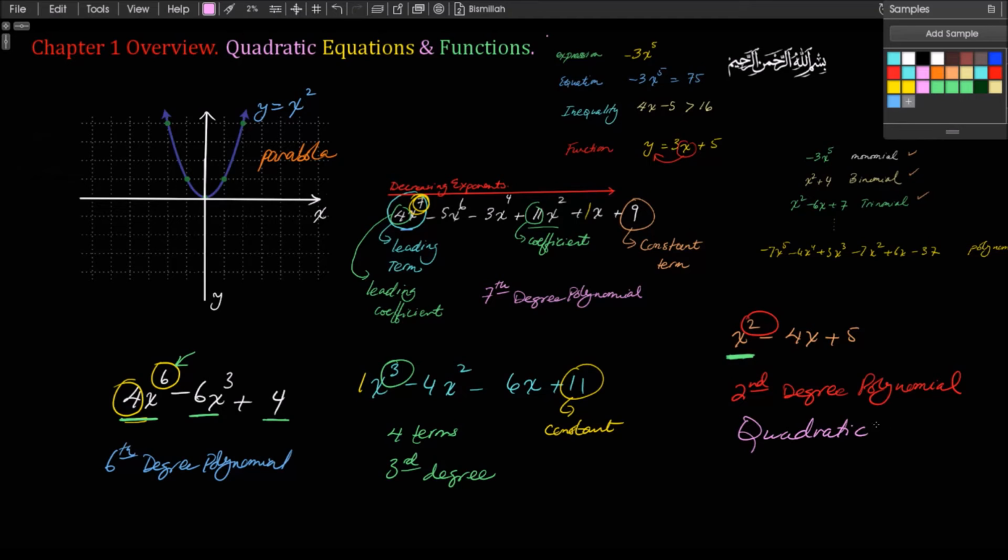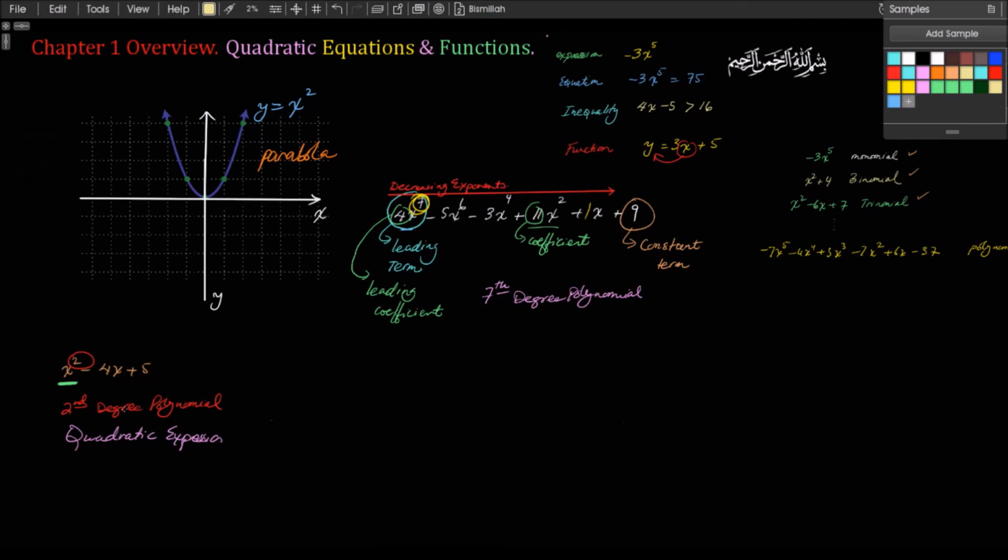This is a quadratic expression. So now you understand that a quadratic expression is simply a 2nd degree polynomial expression. So here we have a 2nd degree polynomial expression, and we call that a quadratic expression.